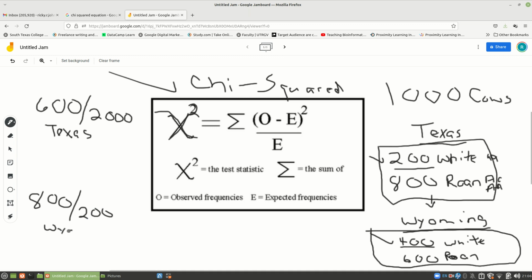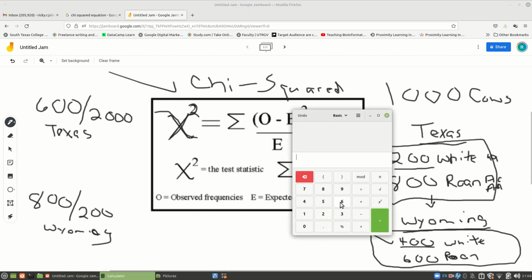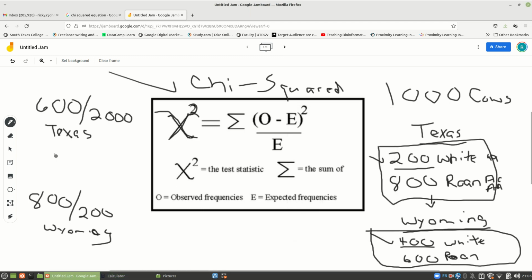I'm not being exact here. I'm just showing you an example of how to use this equation. So we need to find this number, 600 divided by 2,000. That gives us 0.3.